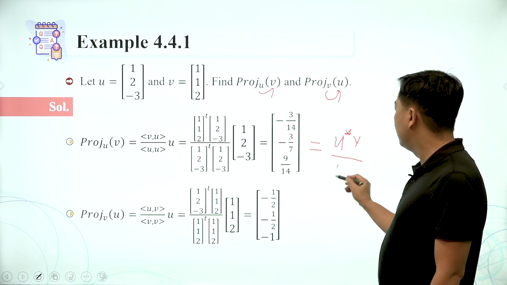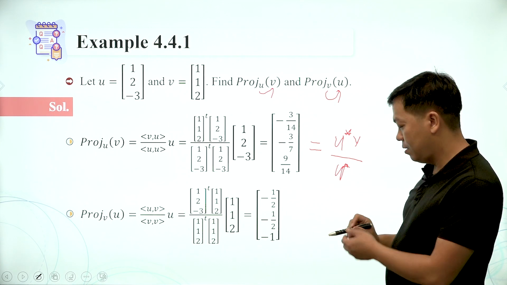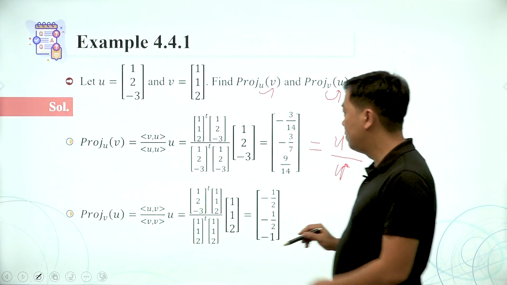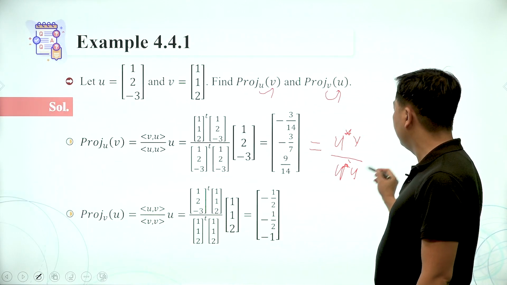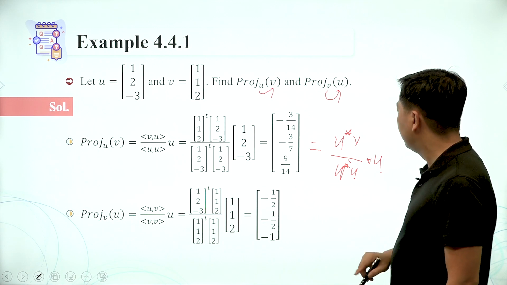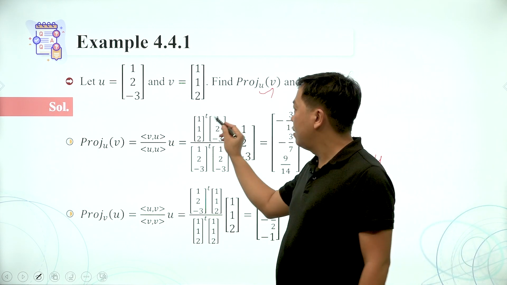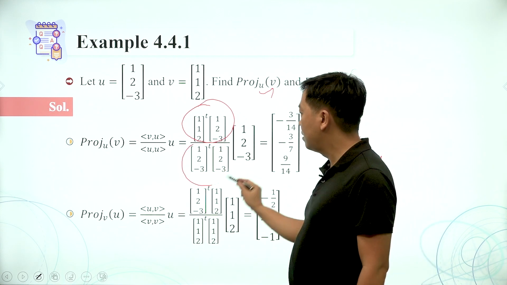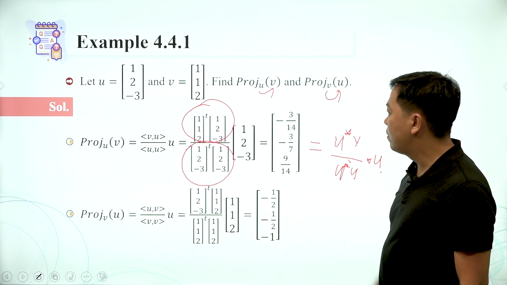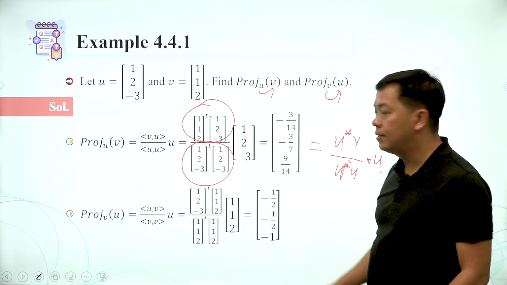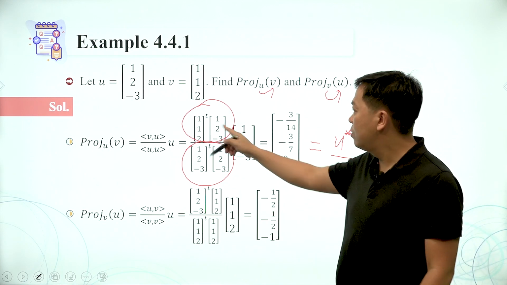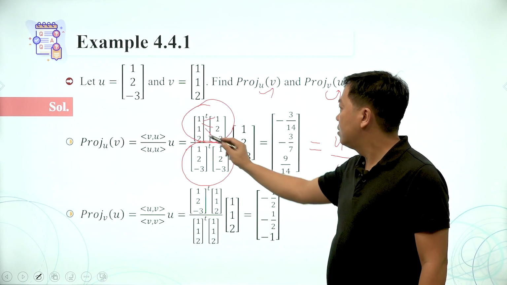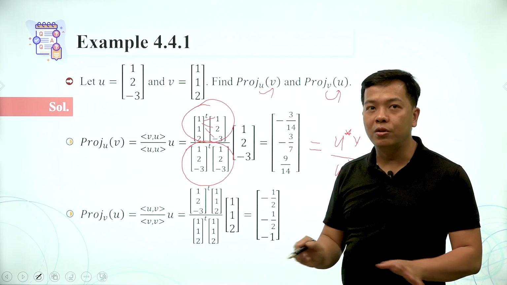You can check the previous one, this one u multiplied by u, and this one is the standard product. You can calculate each one separately and then calculate the total.